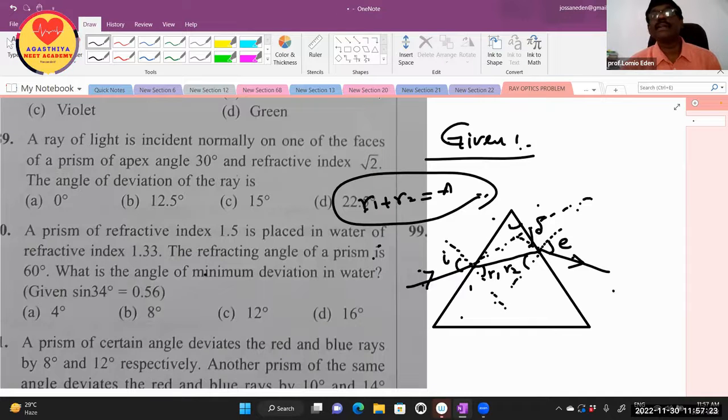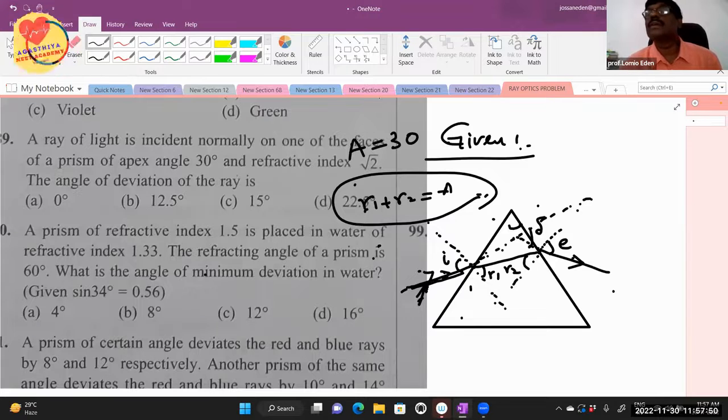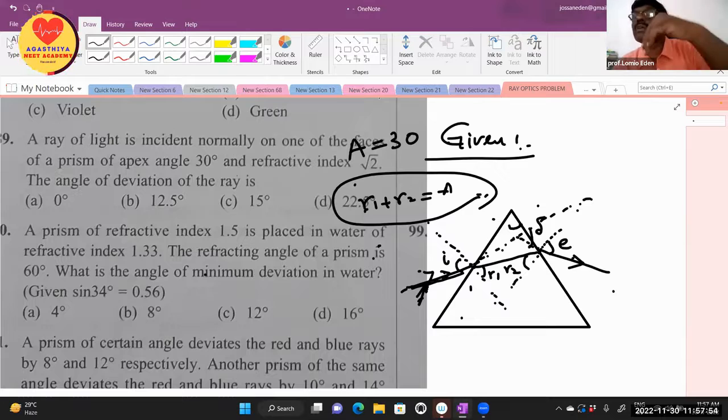The ray of light is incident normally on the surface. Prism apex angle is 30 degree. This angle is 90 degree. This is the ray of incidence. When it falls normally, that means it comes like this. The ray of light coincides with the normal.